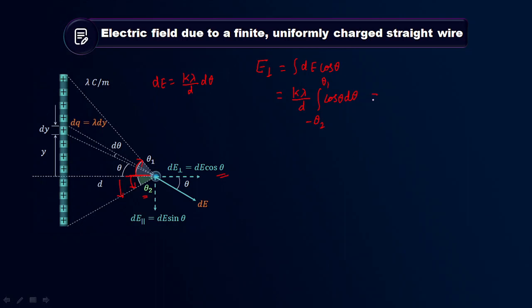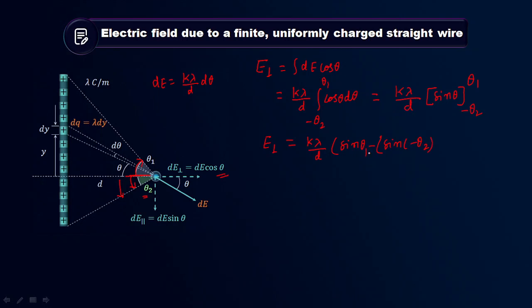So its integration we can write. We will have k lambda by d, and the integration of cos theta is what? Sin theta. So sin theta from minus theta 2 to theta 1. So E perpendicular will be equal to k lambda by d into sin theta 1 minus sin of minus theta 2, right?